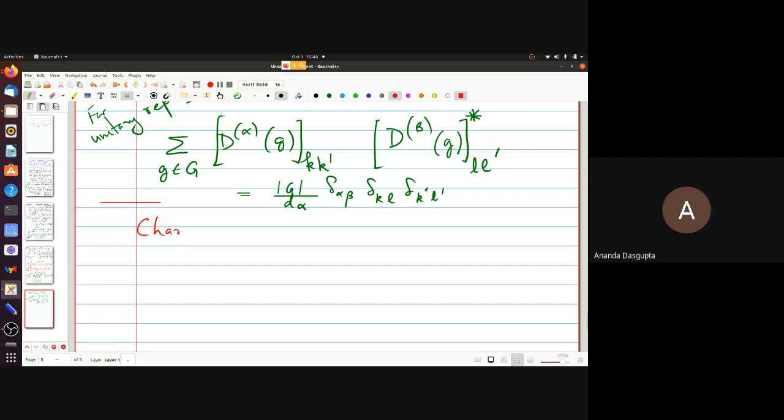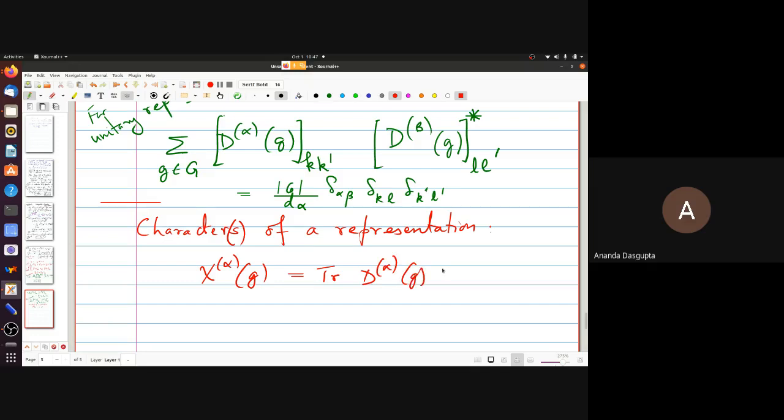And this again is defined not only for irreps but for any representation. Of course this works not only for matrix representations but also operator representations, because once you have an operator representation, you can always choose a basis and get a matrix representation, and then you can define for a matrix representation d alpha, this.